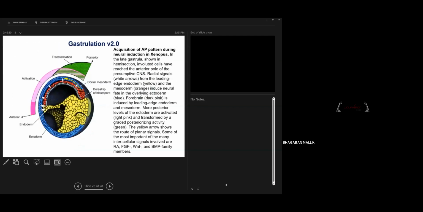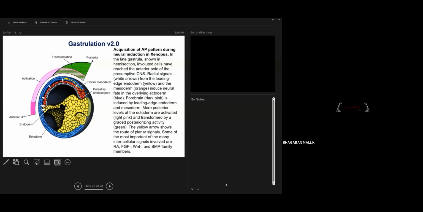So here, whatever I told you earlier is summarized. This is the example of an amphibian embryo. You have formation of the dorsal blastopore lip, and you have invagination and formation of mesoderm. Two distinct kinds of signals define the anterior posterior patterning of the nervous system.